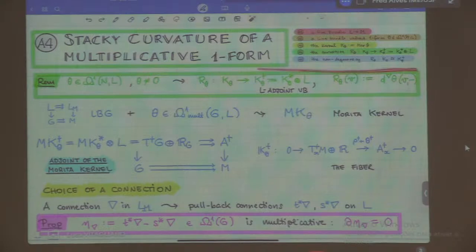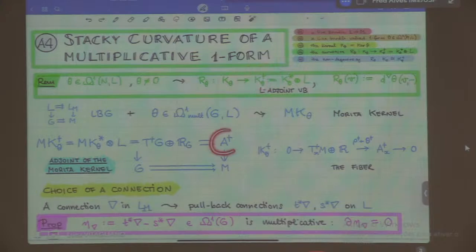So it's useful to remember this remark because it suggests how to define a stacky version of the curvature. Of course we need the Morita kernel, and we also need a version of the adjoint kernel. So we take the adjoint Morita kernel, which is the dual twisted by L, and it turns out this guy is itself a VB groupoid playing the same role as this one in the realm of groupoids.